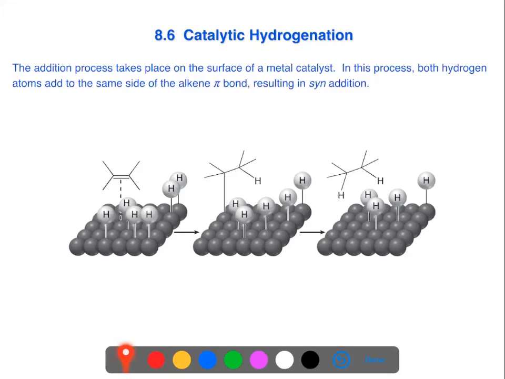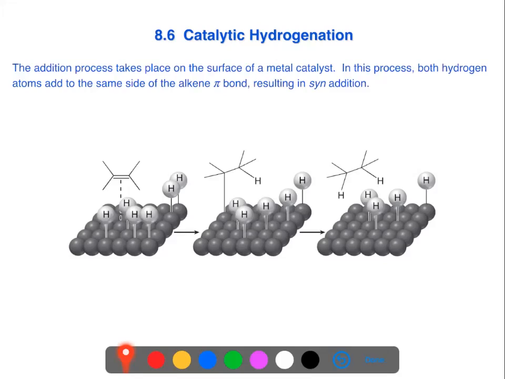H2 is administered as a gas, and when it reaches the metallic surface, you're going to have dissociation of those diatomic molecules, H2, into individual bonds between the metal surface and a hydrogen atom. Once the surface has been covered with these hydrogen atoms, then the alkene is also introduced.